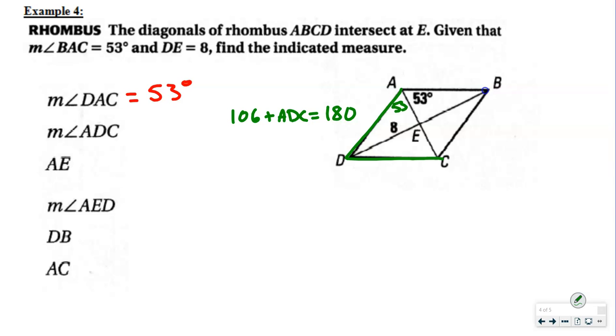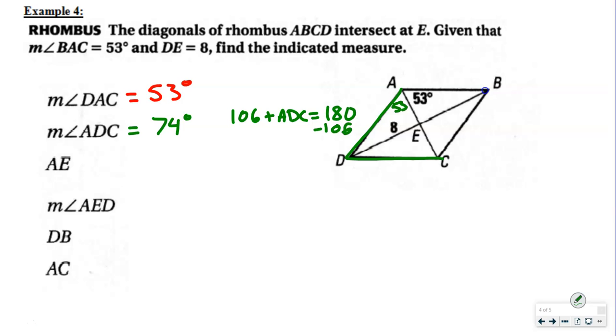So I can subtract 106 from 180. So the measure of angle ADC is going to be 74. So I've got 74 degrees for that angle down there at the bottom left, the whole angle. And I know that it's bisected, so if I need to, I can just divide that by 2 to find those smaller angles. But we'll cross that if we need to.